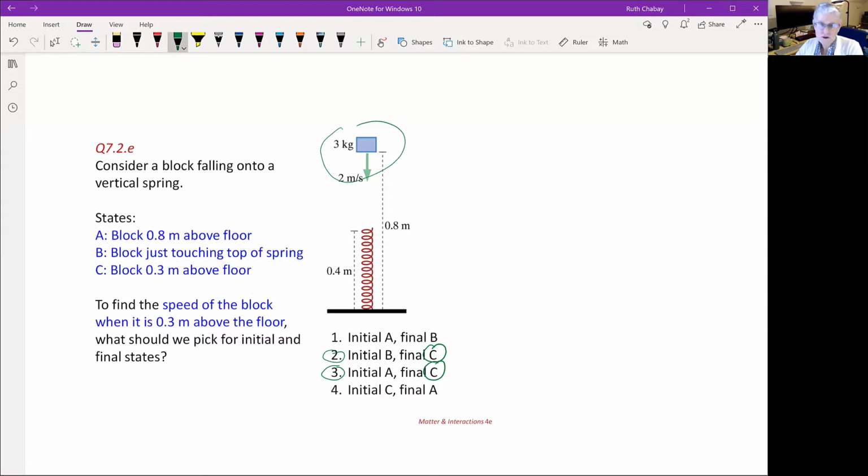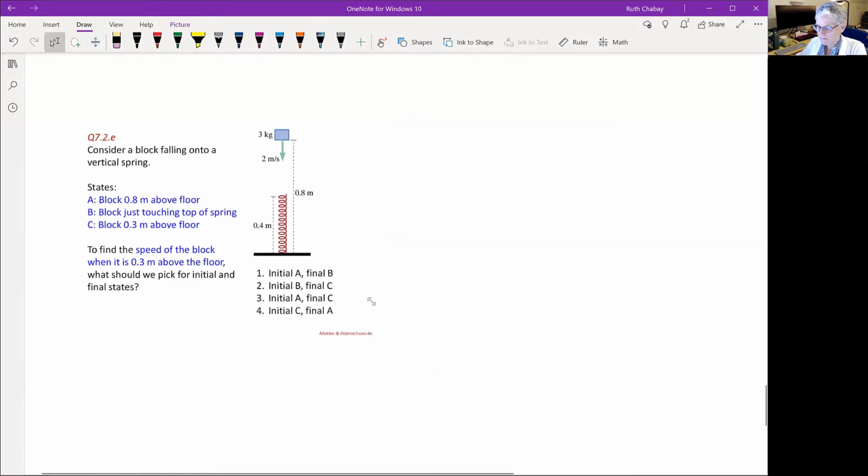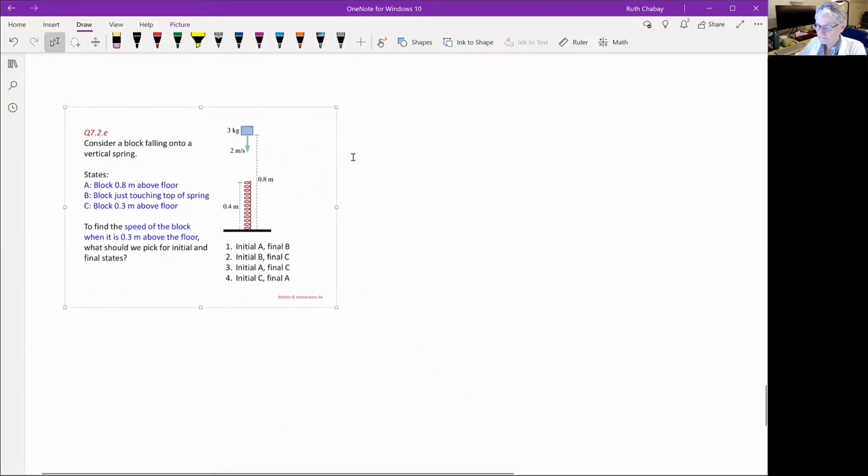So either 2 or 3 would work for us. Let's just write out the equations. I want to make this smaller here, so we can just set them up. 2 or 3.